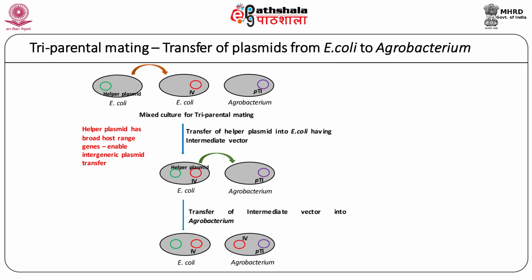The conjugation between the two E. coli strains results in the transfer of the helper plasmid into the E. coli strain carrying the recombinant intermediate vector. Then the helper plasmid induces the conjugal transfer of the recombinant intermediate vector into Agrobacterium.